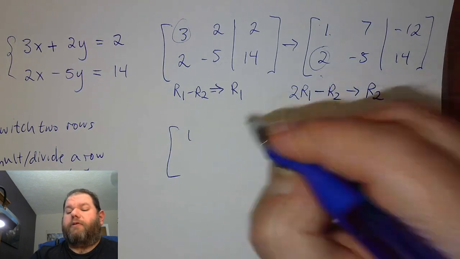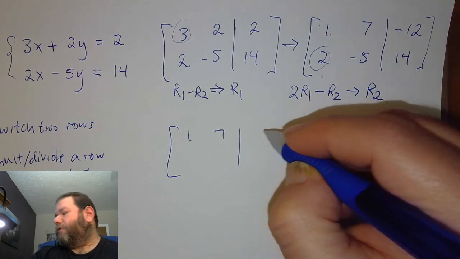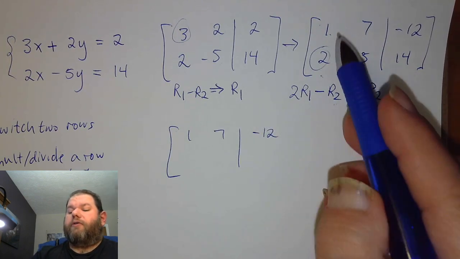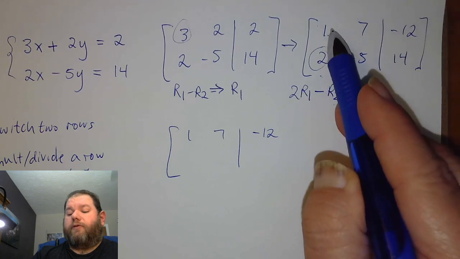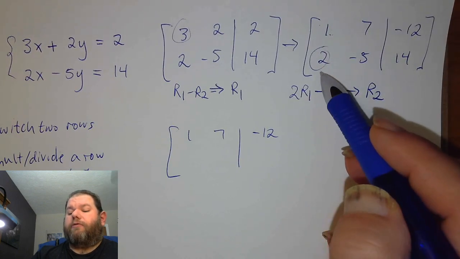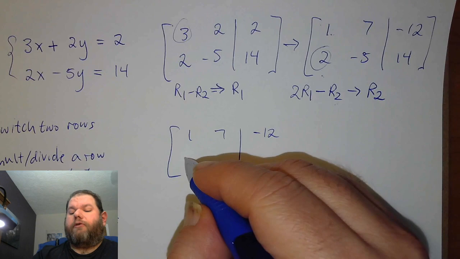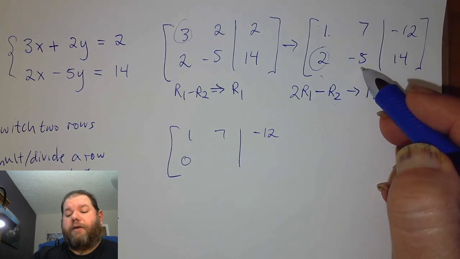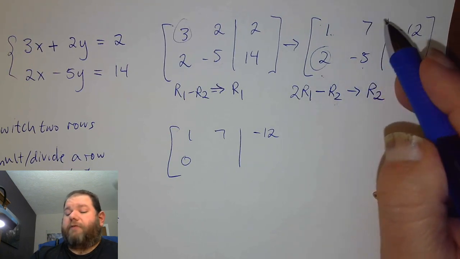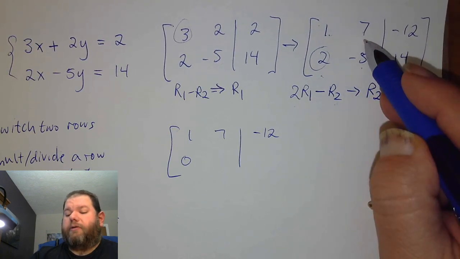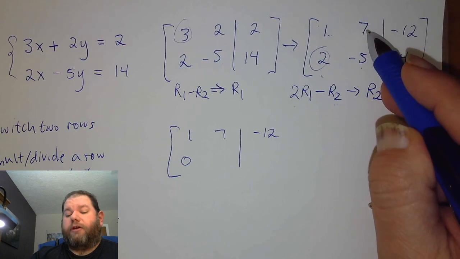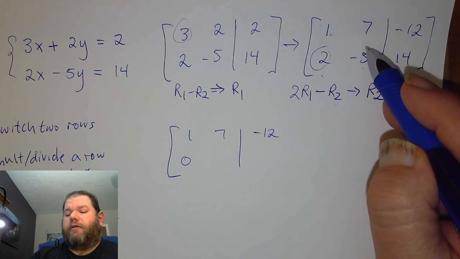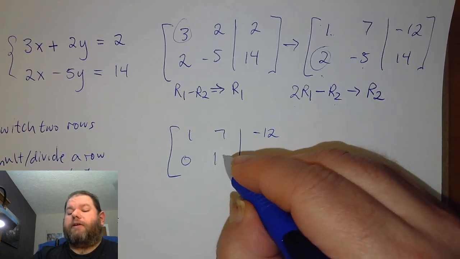So row 1 is actually unchanged here. And we'll take 2 times row 1 is 2, subtract row 2, 2 minus 2 gives us a 0. 7 minus 2 times negative 5, sorry, I got it backwards. 2 times 7, because 2 times row 1, 2 times 7 is 14, minus negative 5, so 14 plus 5 would give us a 19 there.